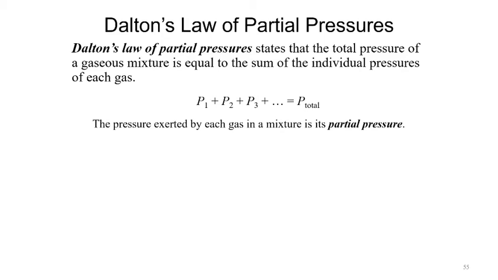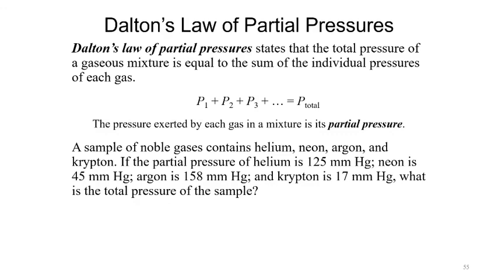Okay? But if I'm now making a balloon, say, and I want 50 parts hydrogen and 20 parts oxygen and 30 parts nitrogen, okay, the total pressure is then going to be the pressure of all of those. Okay? So if we take a look at a sample of noble gases, we'll address why noble gases here in a second, and we look at those individual pressures.